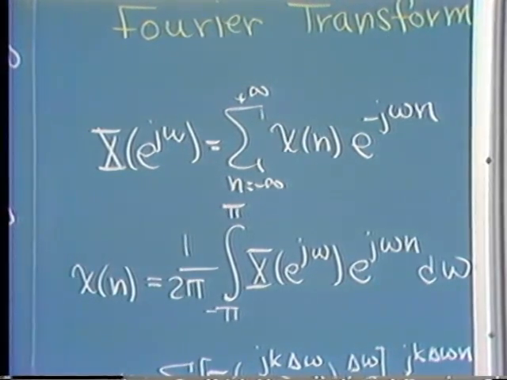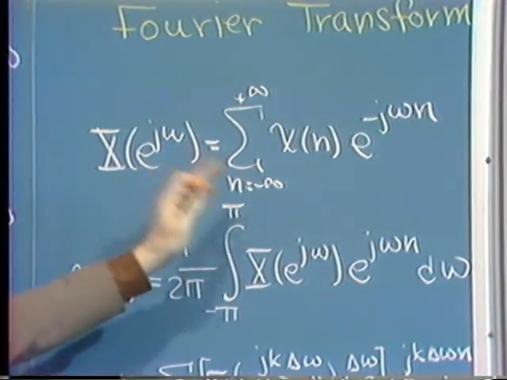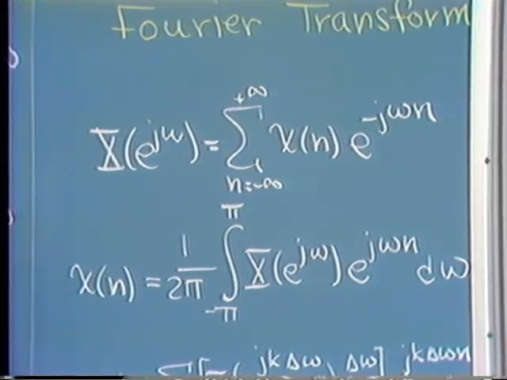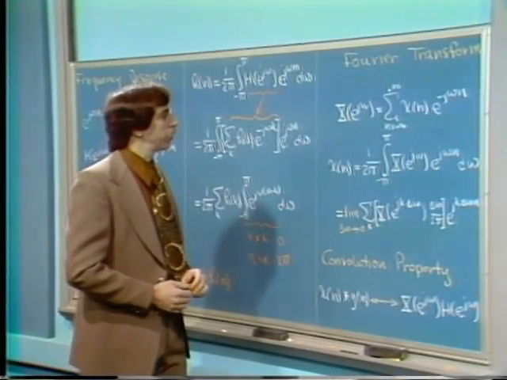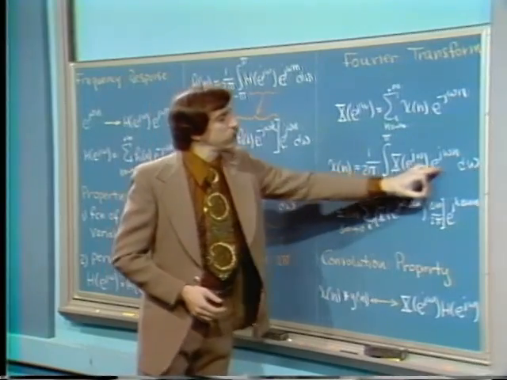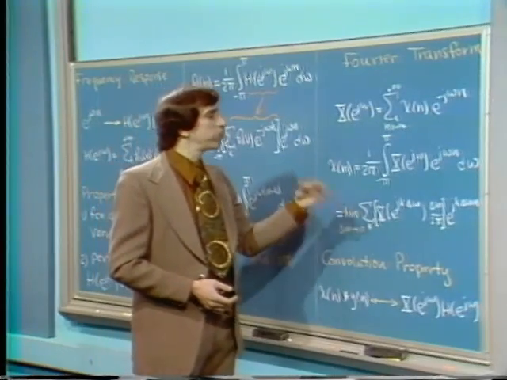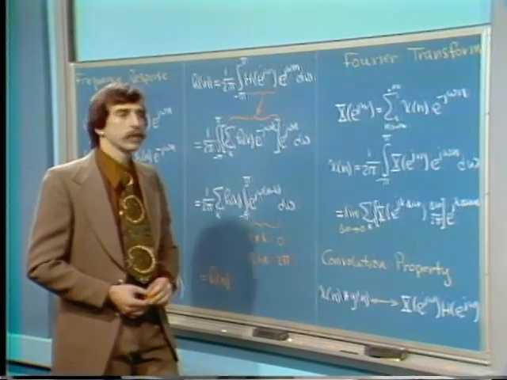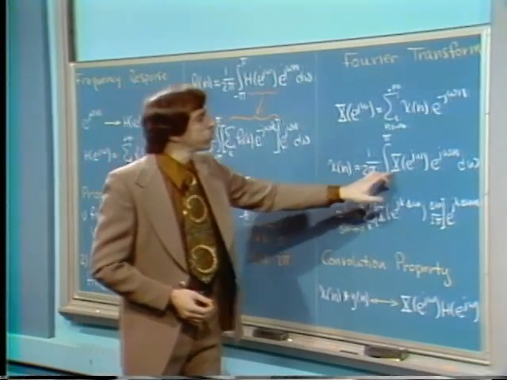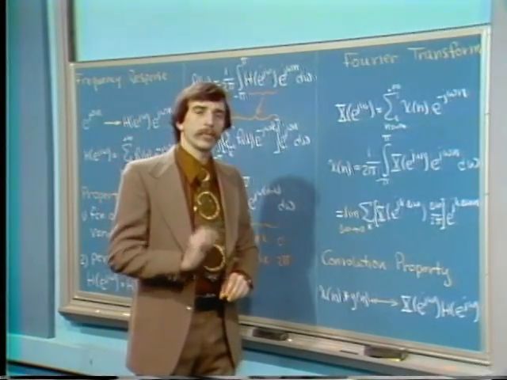Well, this then provides a transform pair or a frequency domain time domain relationship between sequences and frequency domain functions. And it's useful, in fact, to interpret this expression somewhat heuristically again as basically corresponding to a decomposition of a sequence x of n in terms of complex exponentials with incremental amplitude.